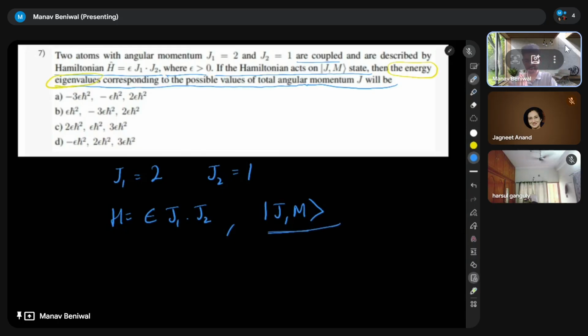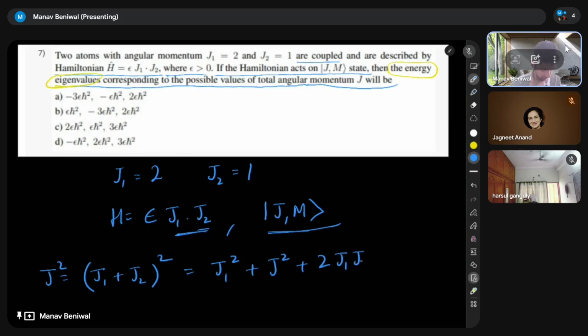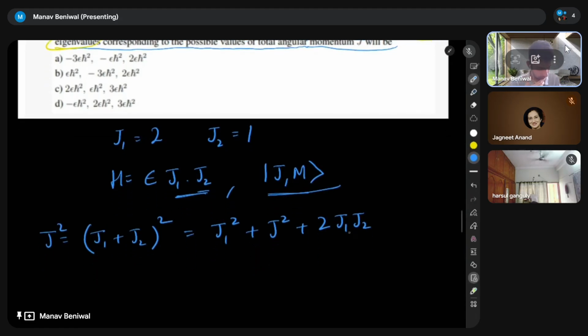Okay, so how can we convert this j1 dot j2 to some j square kind of a thing? For that, we need to expand j1 plus j2 squared. So j squared we can write as j1 plus j2 squared. This we can write as j1 squared plus j2 squared plus 2 j1 dot j2.